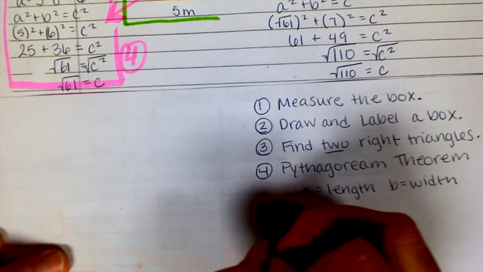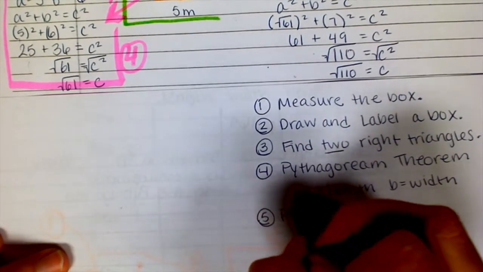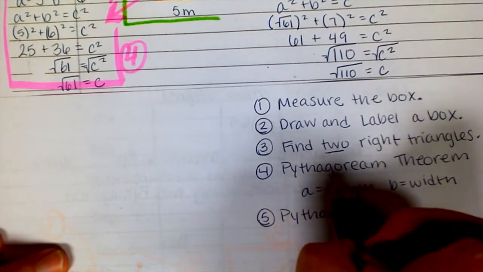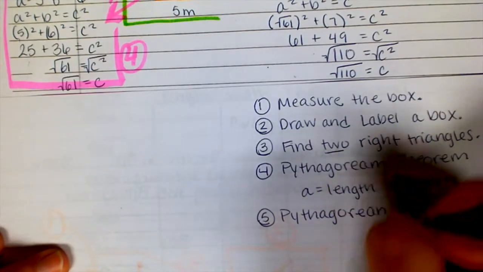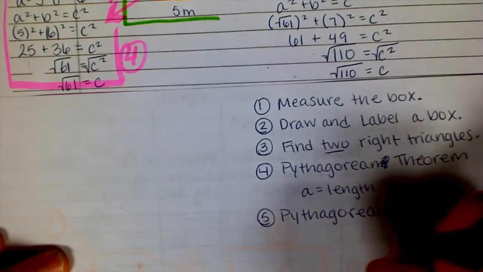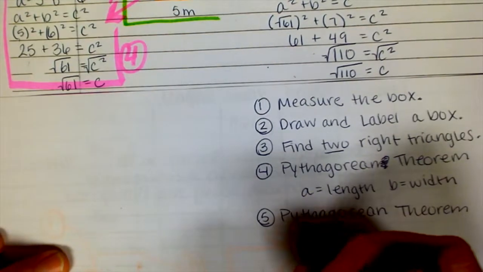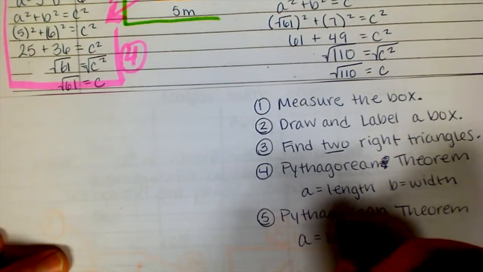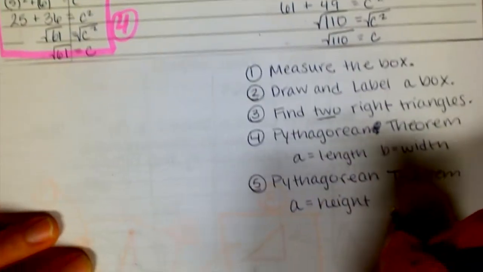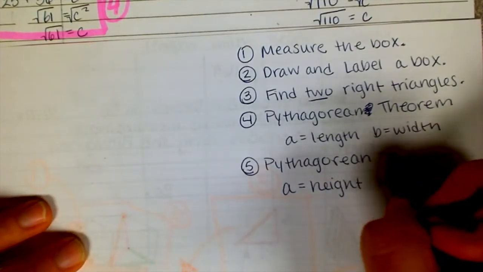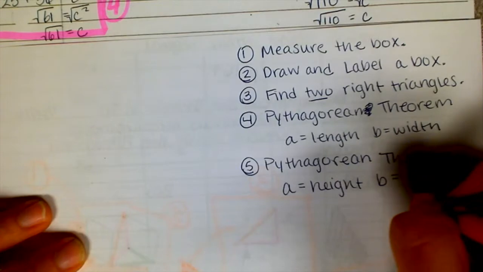And the 5th step is to use the Pythagorean theorem where A is your height and B is the answer from step 4.